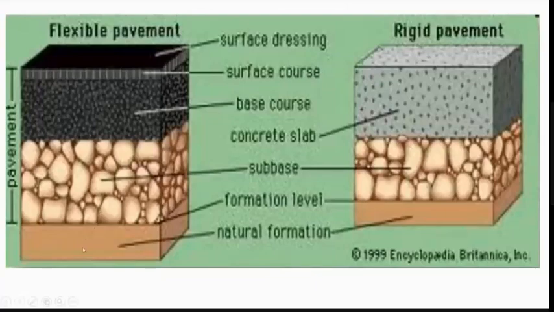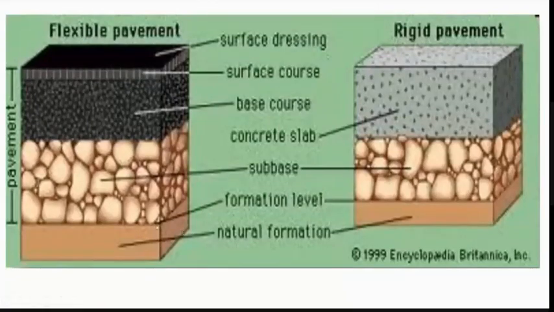Like for a building you have substructure and superstructure. First is the foundation below the earth, that is the substructure, and above the ground we call it the superstructure. Similarly here, the pavement foundation is the part which we will not be able to see, that is the natural subgrade. Then the prepared subgrade, where the soil itself is compacted.